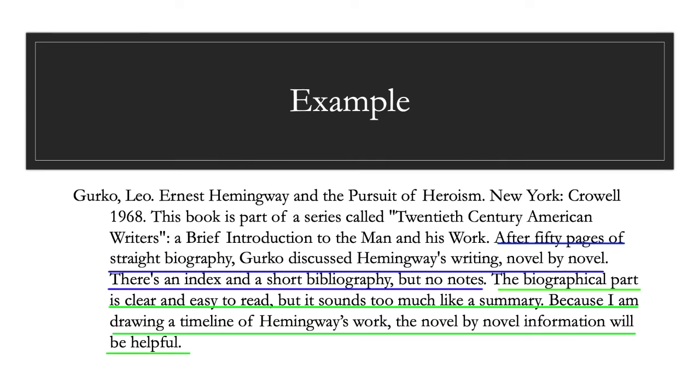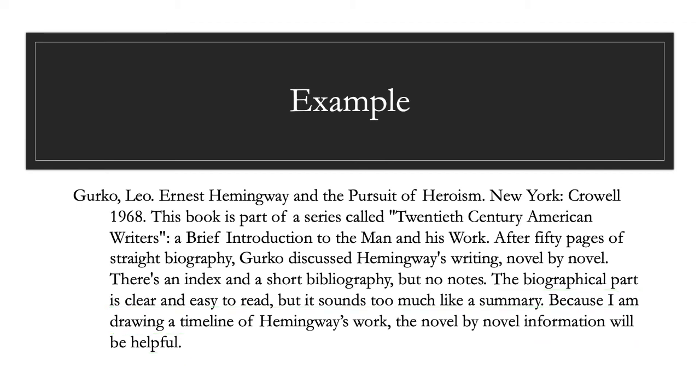We're going to assume he's qualified as part of the cohort that put this series together, and we learn that there is an index and a short bibliography, but no notes, and that he's discussing Hemingway's writing novel by novel, which tells us the purpose. And then finally, we have the reflection, which tells us whether or not the source is going to be helpful for the writer of the essay.